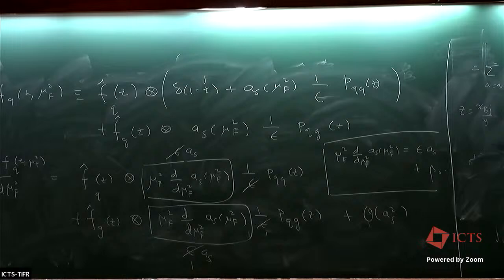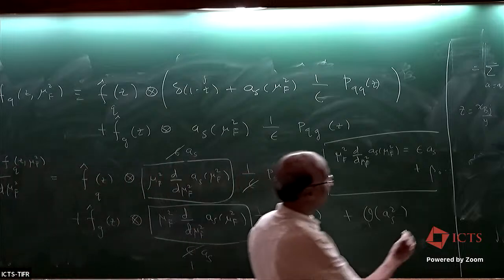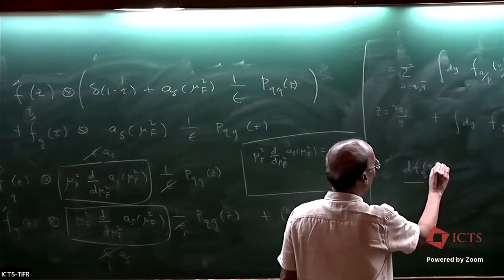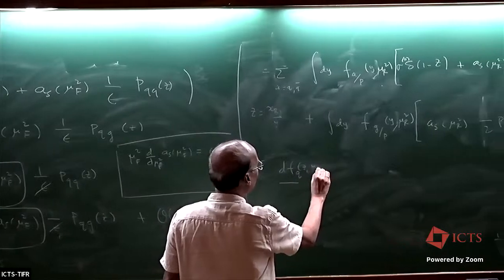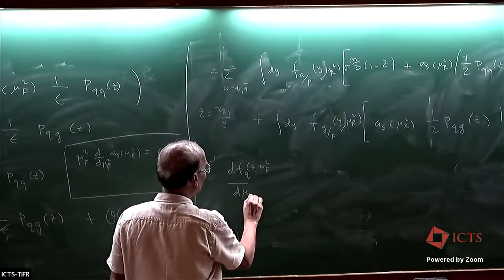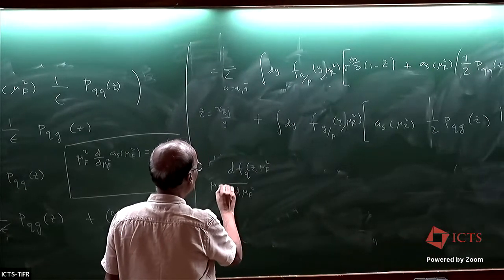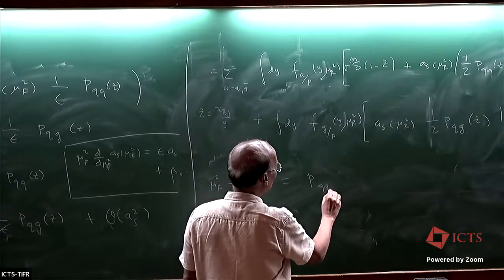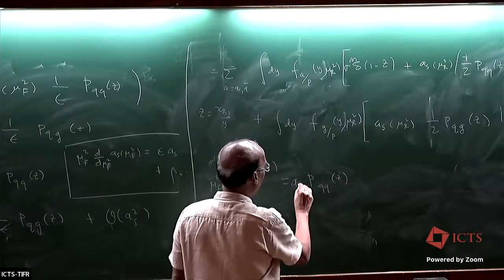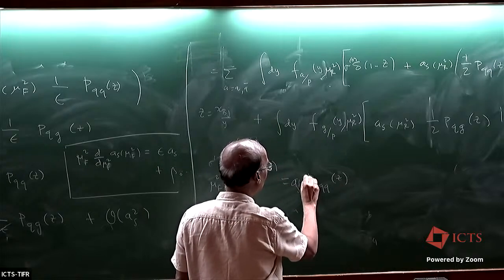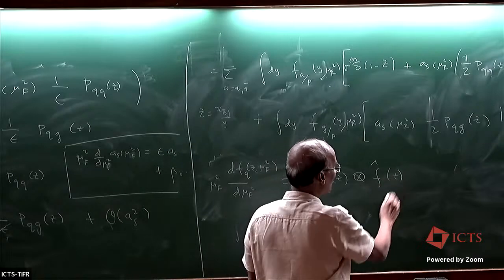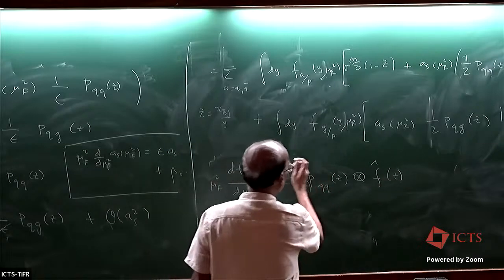So this renormalization group equation simply gives you d f_q(z, mu_f^2) over d mu_f^2 equal to P_qq(z) alpha_s(mu_f^2) times f hat(z), plus, let me just write it down.